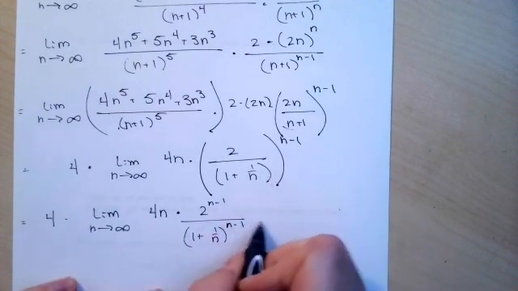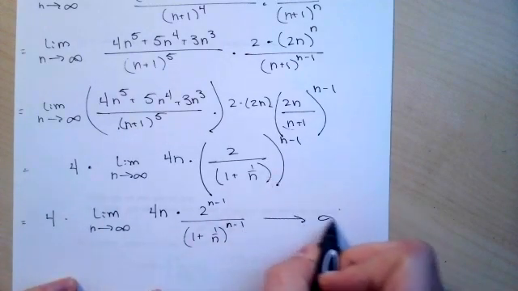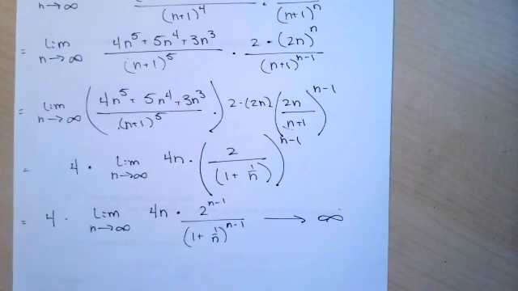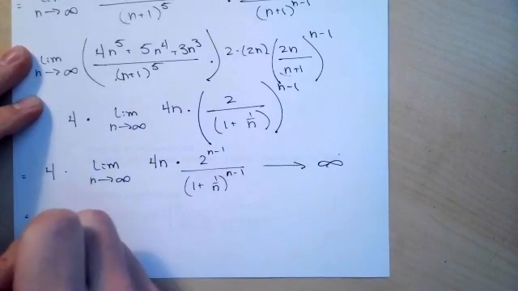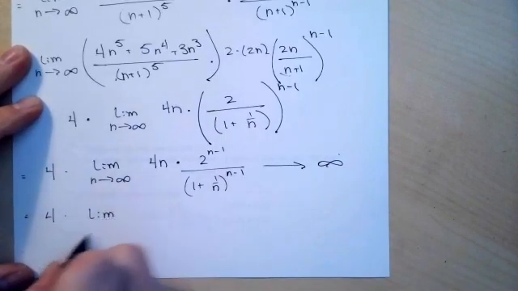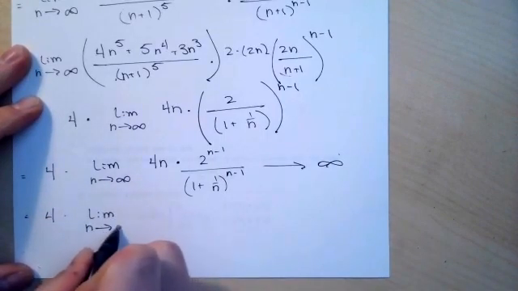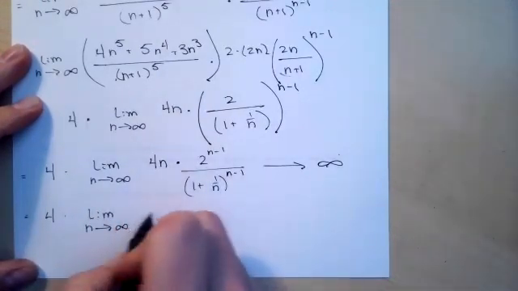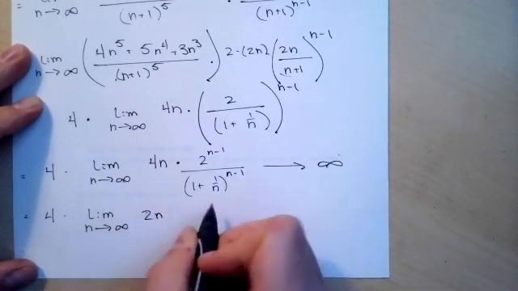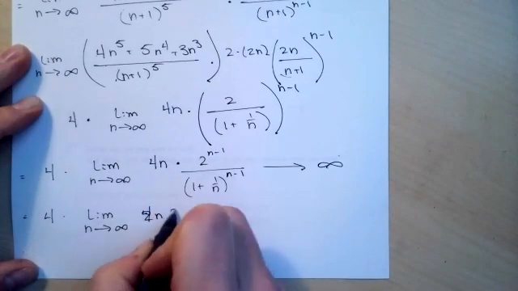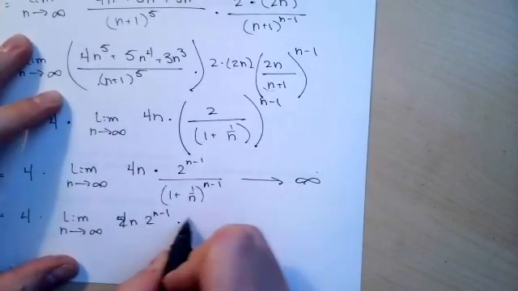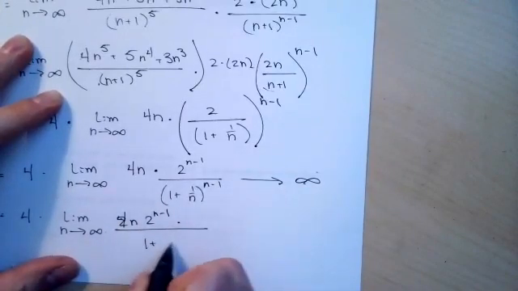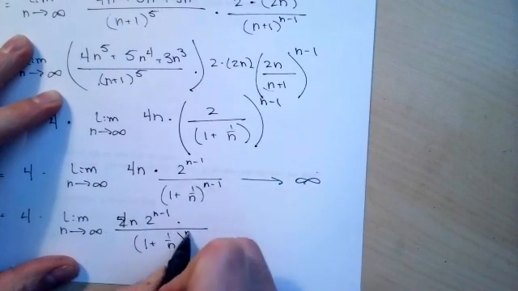So why is this going to go to infinity? Well, what's happening in the numerator? We've got a 4n and a 2 to the n minus 1. In the denominator, we really have 1 plus 1 over n to the n minus 1.